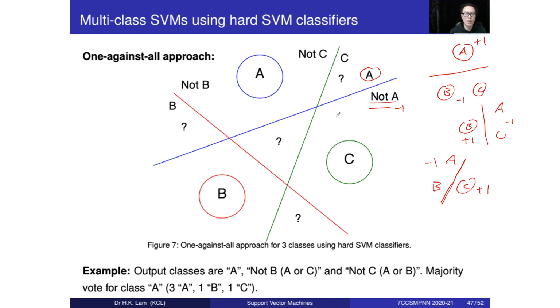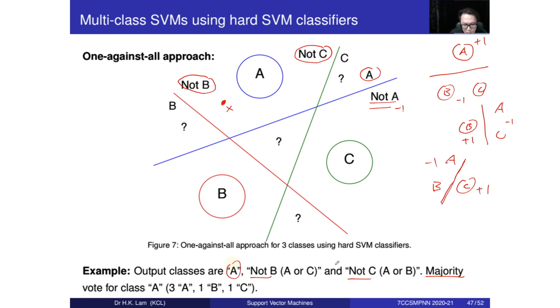Now let's see, when we put them together, how do we test a point? Say we have a new point X right here. Using this hyperplane, the red just tells you that this is not B. And then the green just tells you that it is not C. And then the blue just tells you that it is A. So this is A, not B. When it is not B, it is either A or C. When it is not C, it means that it is either A or B. Apply the majority voting.